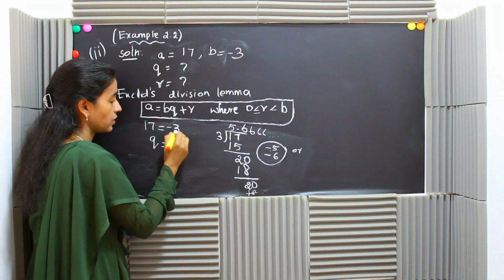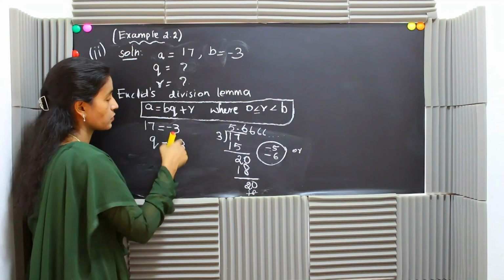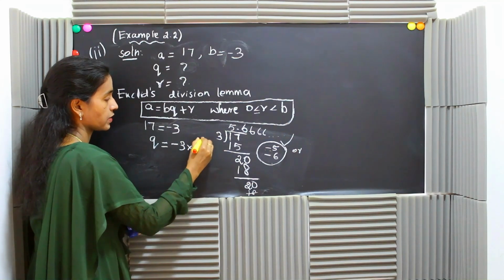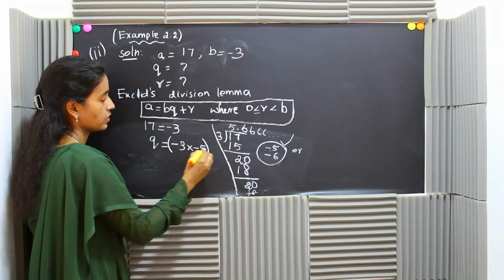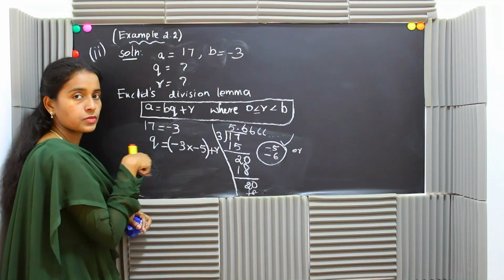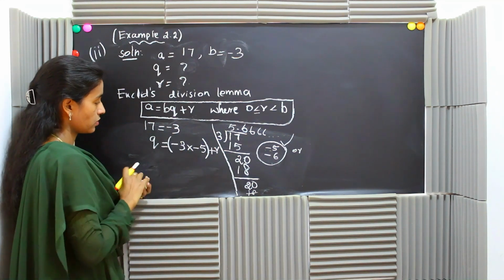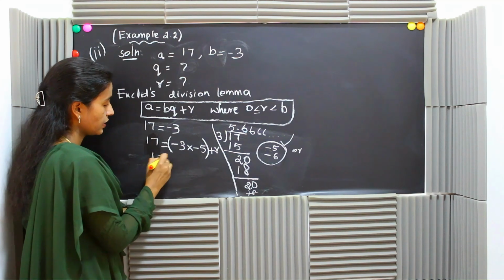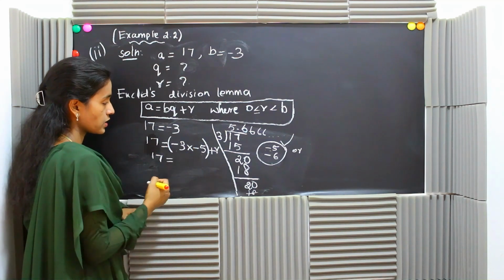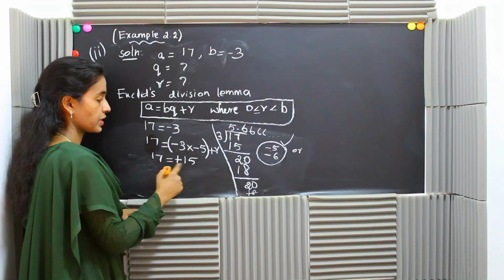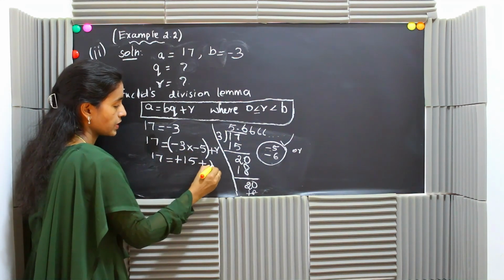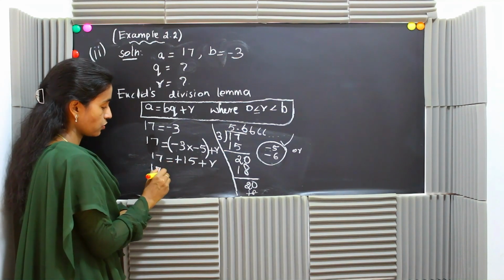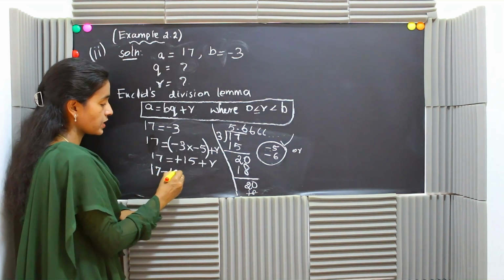So I am applying B is minus 3 and Q is minus 5, plus R. From this equation, I am going to find the value of R. This is 17 only. 17 equals minus 3 into minus 5, plus 15 plus R. And I am taking this 15 to this side, so I should put minus 15.